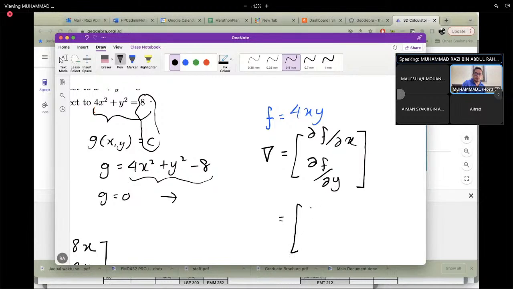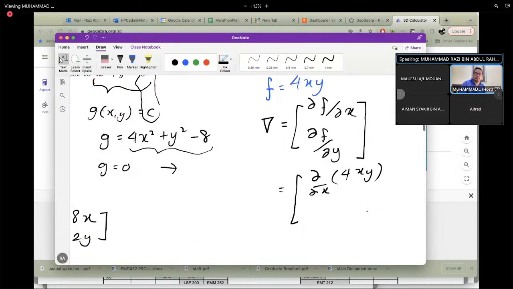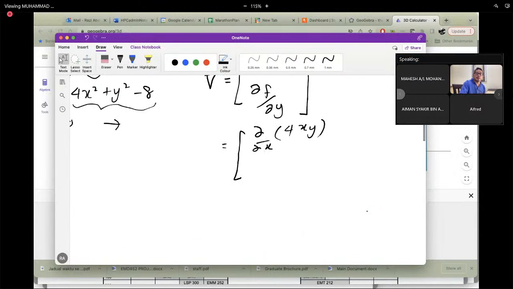So if I were to take this whole expression 4xy with respect to x, then this is basically a linear function with the coefficient of 4y, right? You're following?